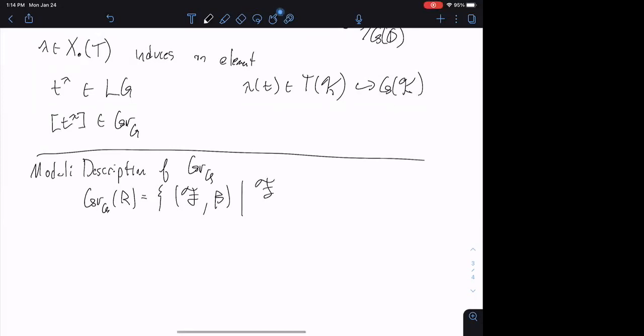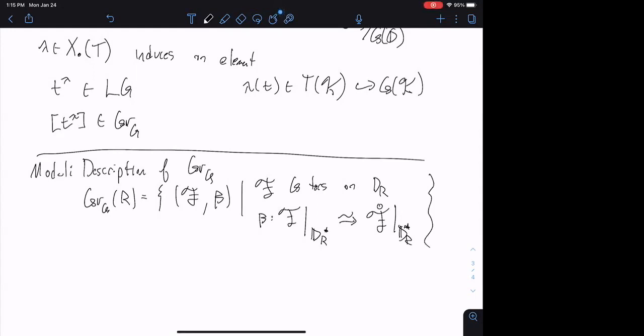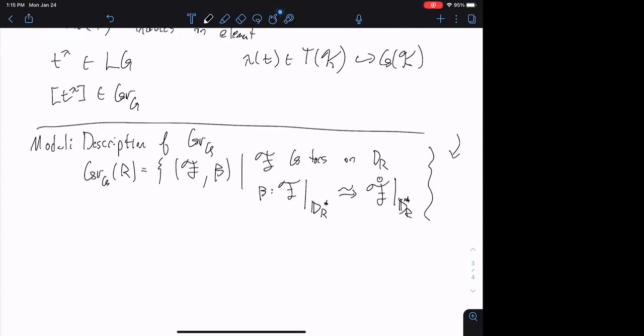So F is a G-torsor on the R disk, D_R, and beta is a trivialization: you restrict your G-torsor F to the punctured disk, D_R star, and this is isomorphic to the trivial G-torsor F naught, restricted to the punctured R disk once again. I bring this up because several of the proofs eventually will rely on things like Beauville-Laszlo and Drinfeld Grassmannians, and this is the correct way to think about Grassmannians if you want to globalize them and get objects living over a curve, for instance. Okay, any questions so far? Is this all right for setup?